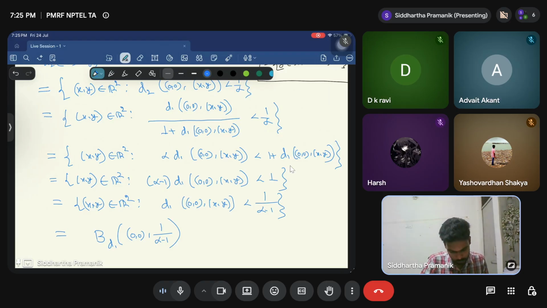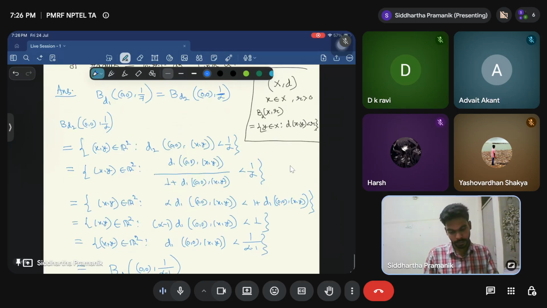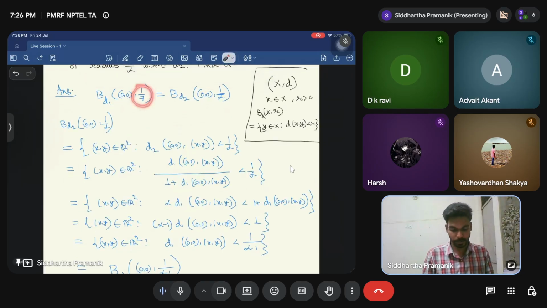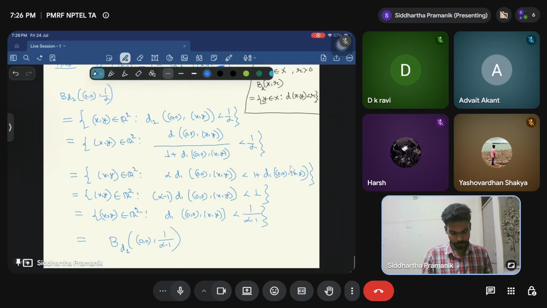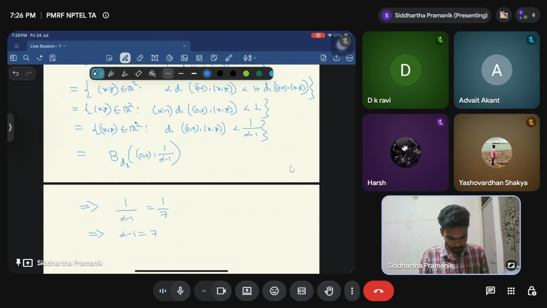Are you following? But what is given? This is the same as 1 by 7. So 1 by alpha minus 1 is the same as 1 by 7, so alpha minus 1 is 7 and alpha is 8.